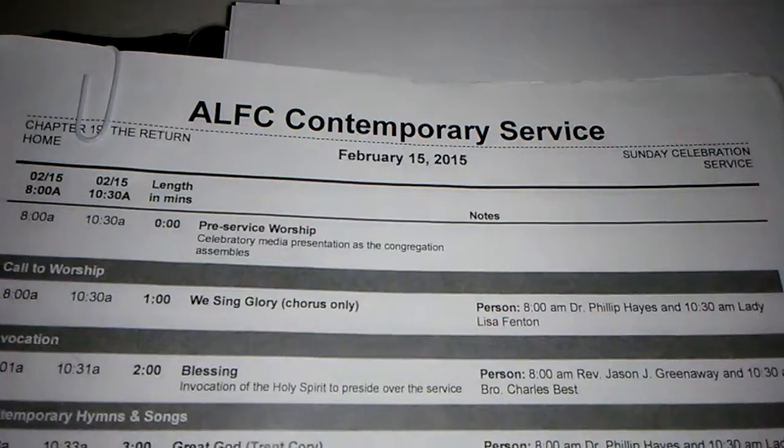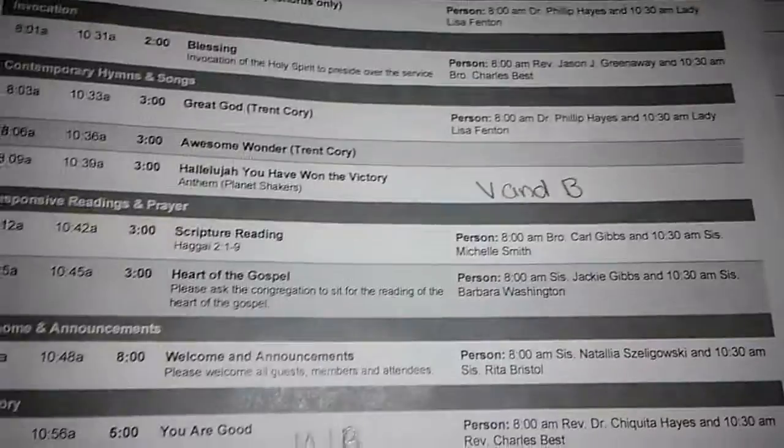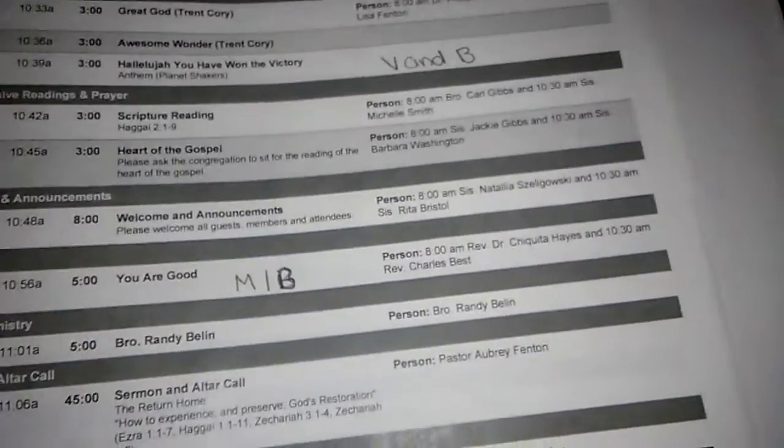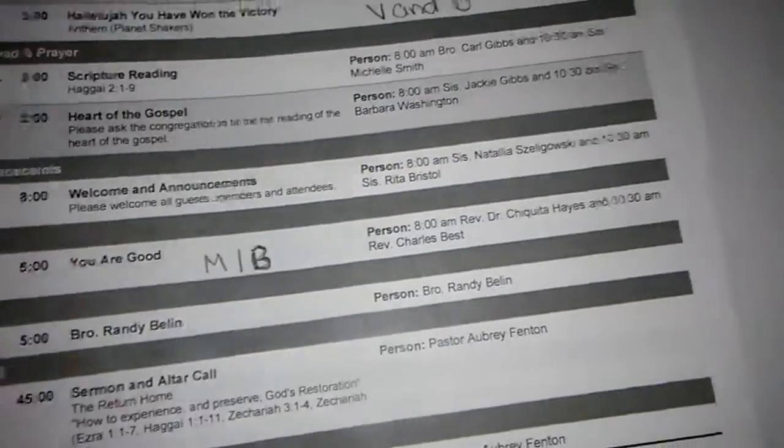Okay, so for instance, it's actually one of the first services we've ever lit, maybe the actual first. But you see, like there's different letters here that kind of explain what the colors are. So V is for violet, and B is for blue, and magenta and blue.